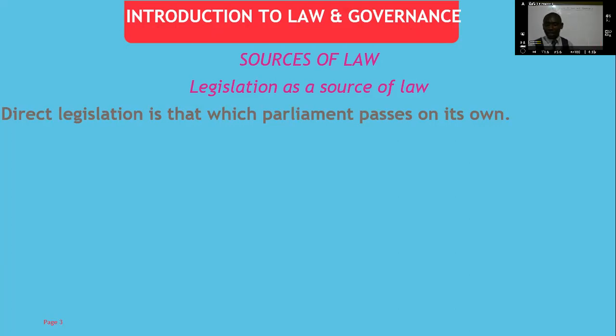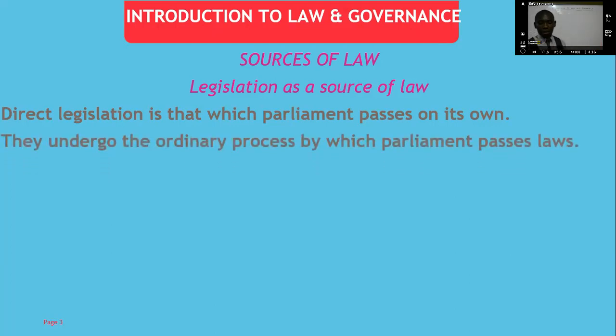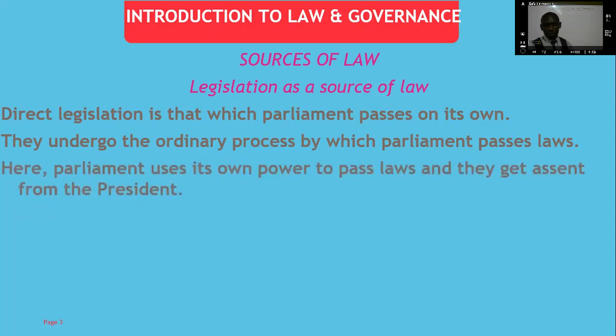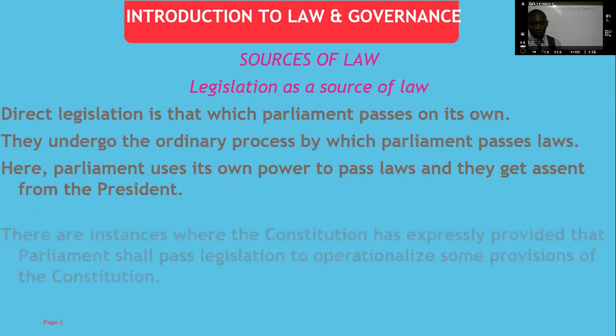Parliament has to pass it directly on its own. So they normally undergo the ordinary process by which Parliament passes laws. And in this case, Parliament uses its own power to pass laws, the power that they derive from Article 94(5) of the Constitution to pass laws. And in this case, they need to be assented to by the President.